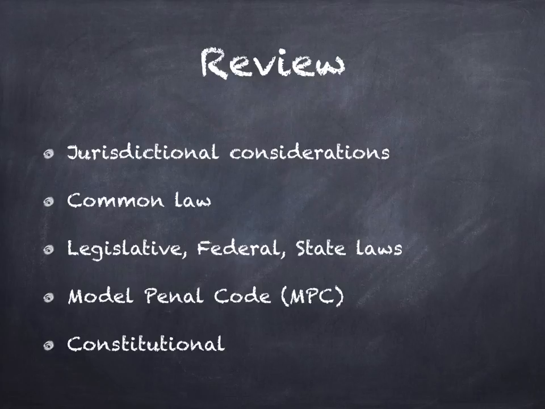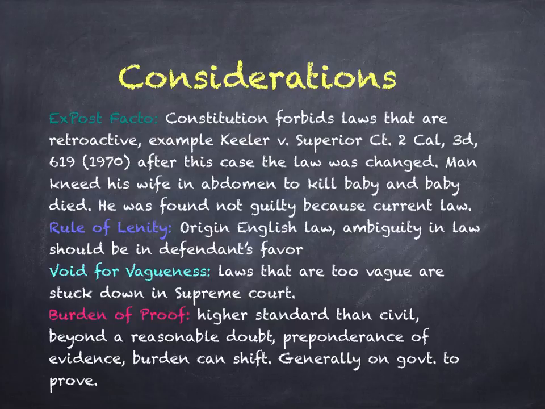So when you're reading your old case law, always refer to the most recent law in common law that has been applied. You've got legislative laws, that's federal and state laws, and you have the Model Penal Code, abbreviated as MPC, and constitutional law.